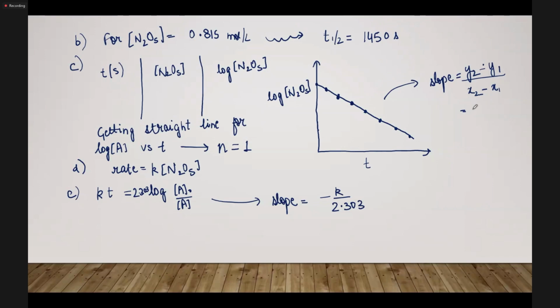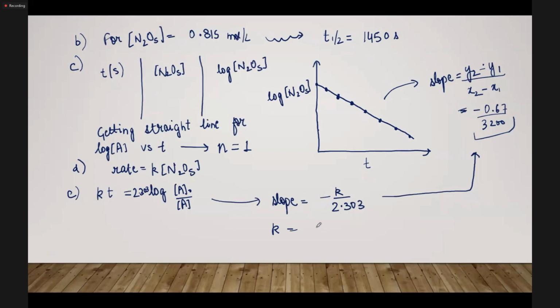When you do the calculation, it will be around this. The slope is coming out from the graph, which is why I wrote it next to the graph. So this value is coming from the graph and this expression is coming from the integrated rate law. You have to equate both of them, and then you will find the value of k.